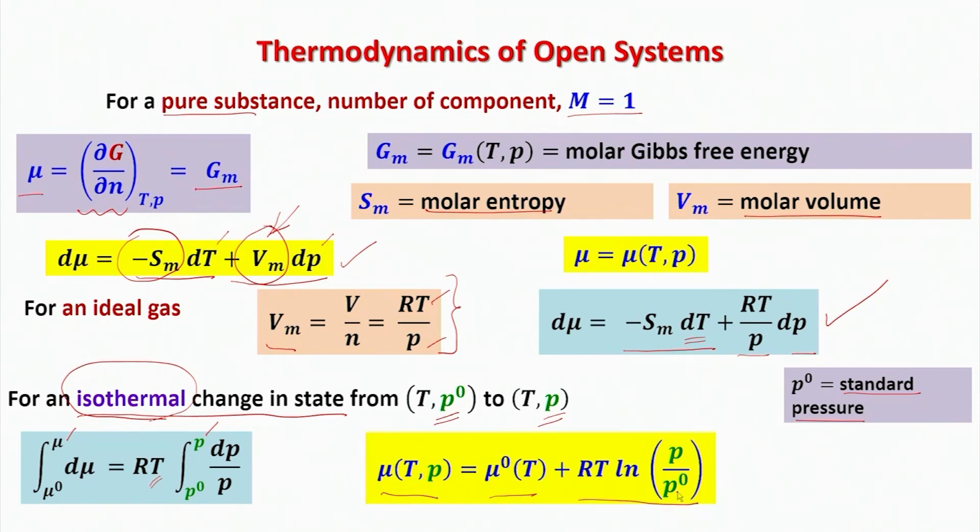So very easily, as you can see here, we have been able to estimate the value of chemical potential as a function of pressure if I know the value of chemical potential at standard pressure. So P naught is known to you. This should be some constant at a given temperature T. Therefore, knowing P, I know how to estimate this portion.